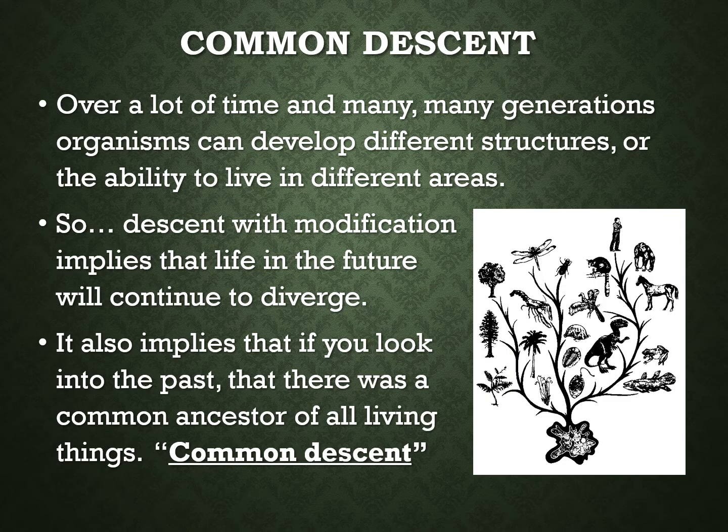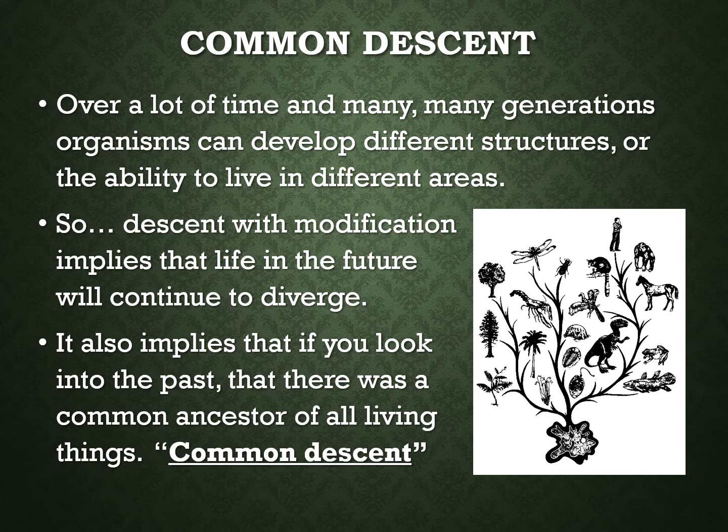Okay, so now we're getting into a little bit more of the big picture of evolution. So over a lot of time and a lot of generations, organisms develop different structures, and they can develop the ability to live in different areas. So this process is called descent with modification.